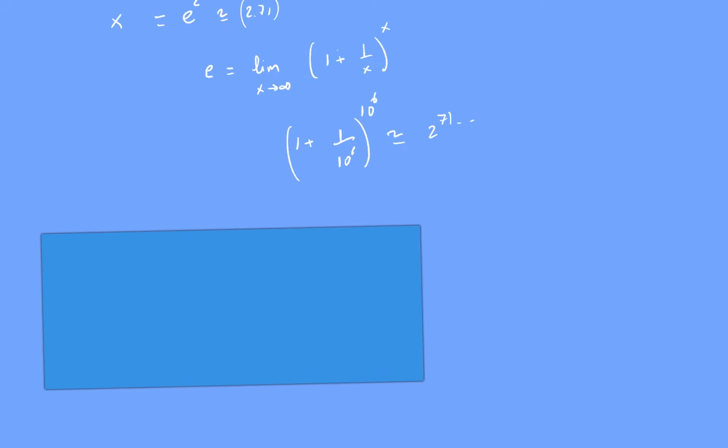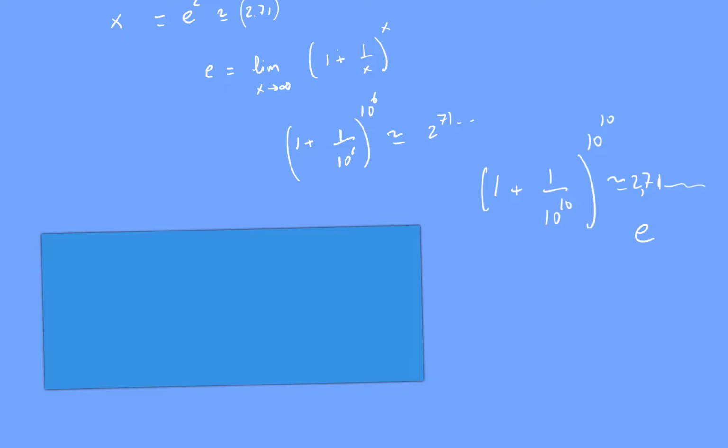If you take the number 1 plus 1 divided by 10 to the 10, which is a big number, raised to 10 to the 10, this will also be next to e, 2.7111, whatever. This is approximate.